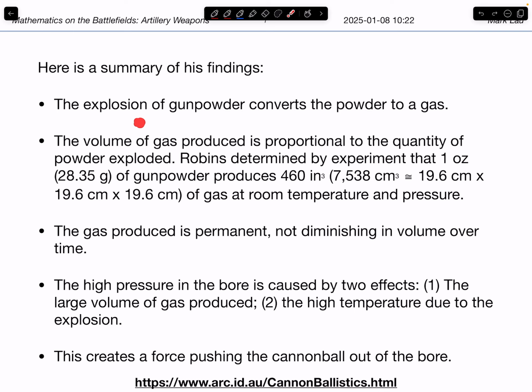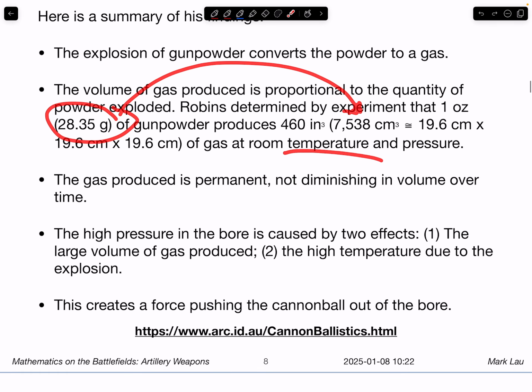The more powder you have, the more gas will be produced after the explosion. Robbins determined by experiment that one ounce of gunpowder produces a certain volume in cubic inches, so a certain amount of gunpowder produces a certain volume of gas at RTP.